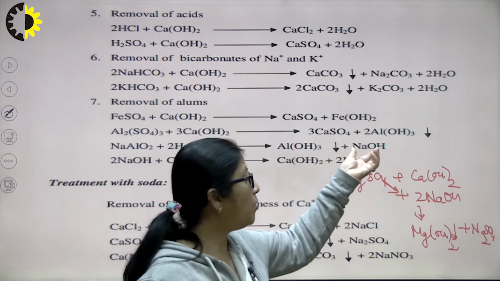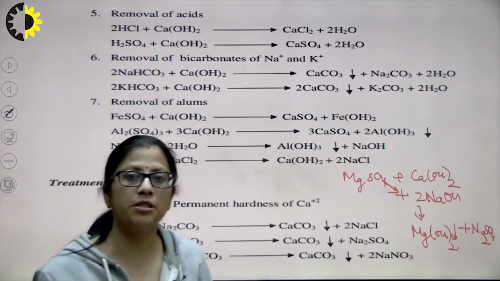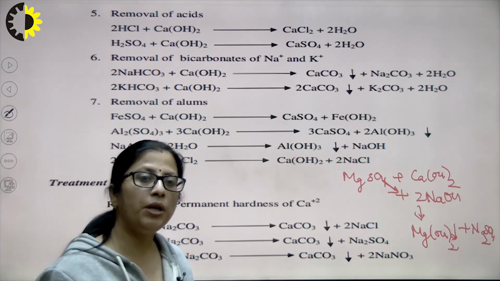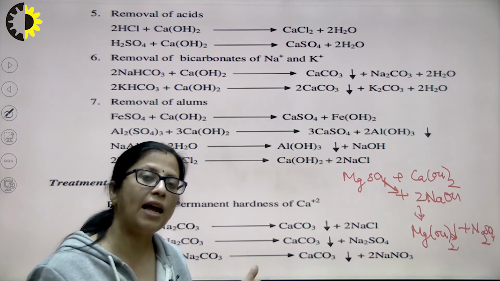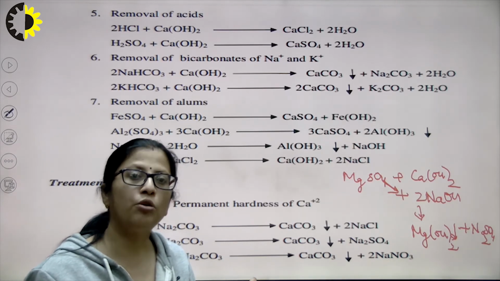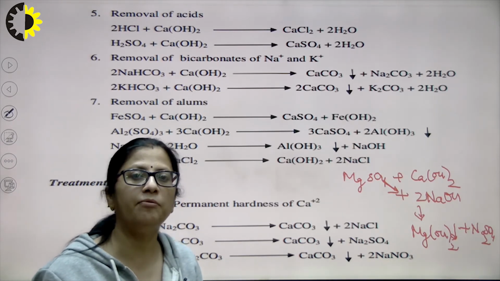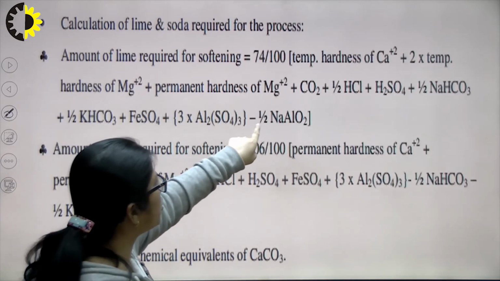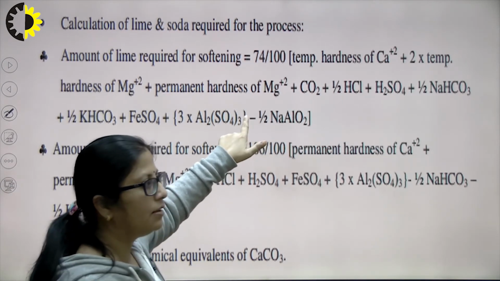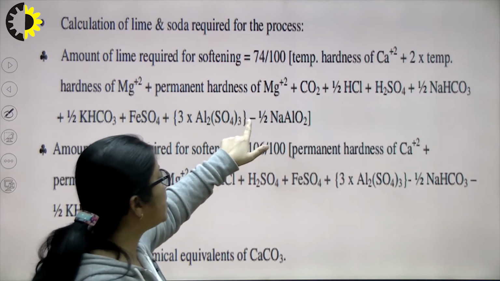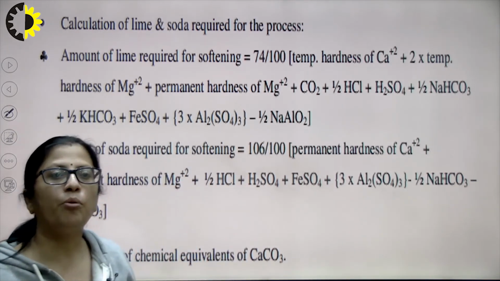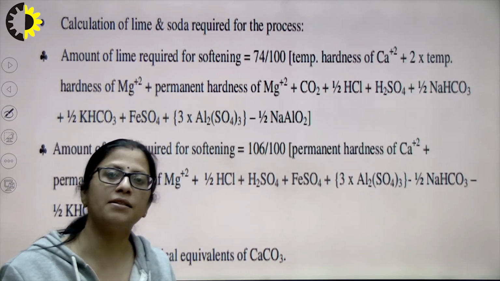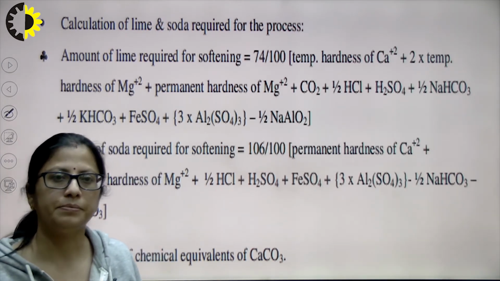This much amount of lime will get reduced from the system because NaOH is functioning like lime and it is doing the same reaction which lime was supposed to do. So, ultimately my requirement of lime will get reduced. Therefore, in this reaction, I am not adding the requirement for lime. Instead I am subtracting the requirement of lime, because NaOH is automatically being produced as a product in the system.